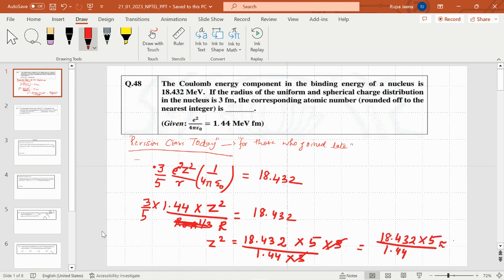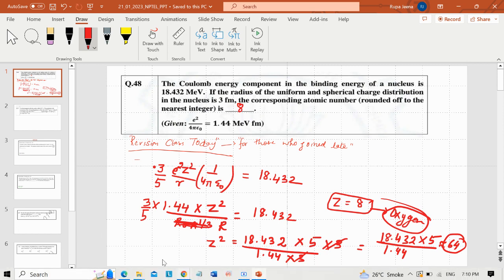After solving this, you will get 64 point something, but you can round it off to 64. And you will get Z equals 8. What is the element whose atomic number is 8? Oxygen, right? So Z equals 8 is the answer. I hope this is clear to everyone.